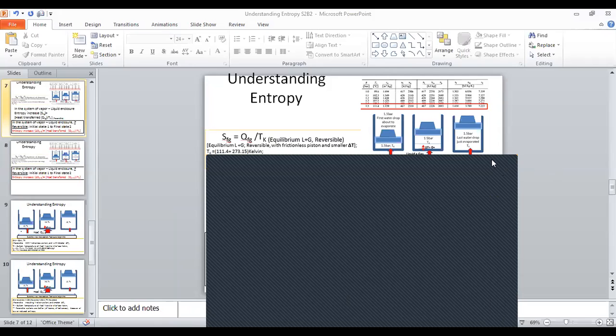Let me upload that also. File, browse, downloads. Yes, I have the steam tables.